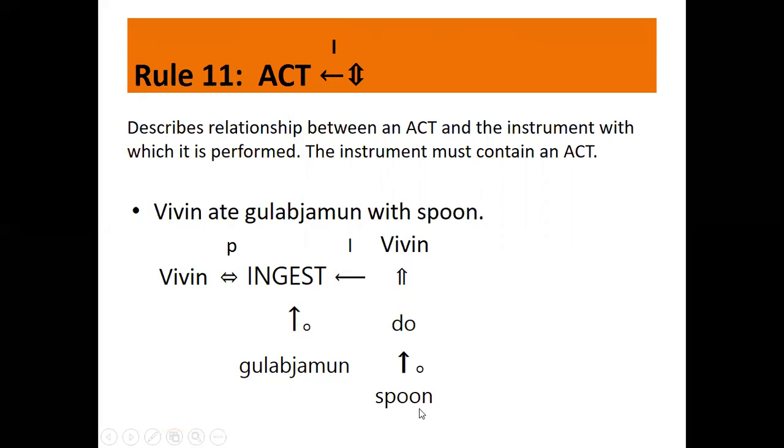Now, how was the act carried out? Using the instrument spoon, which is an object. So, instrumental relation here, instrumental case. So, using a spoon, Vivin ate gulab jamun. And why P here? Because it is past tense. This is for past tense, this is for instrumental case, and this is for object.